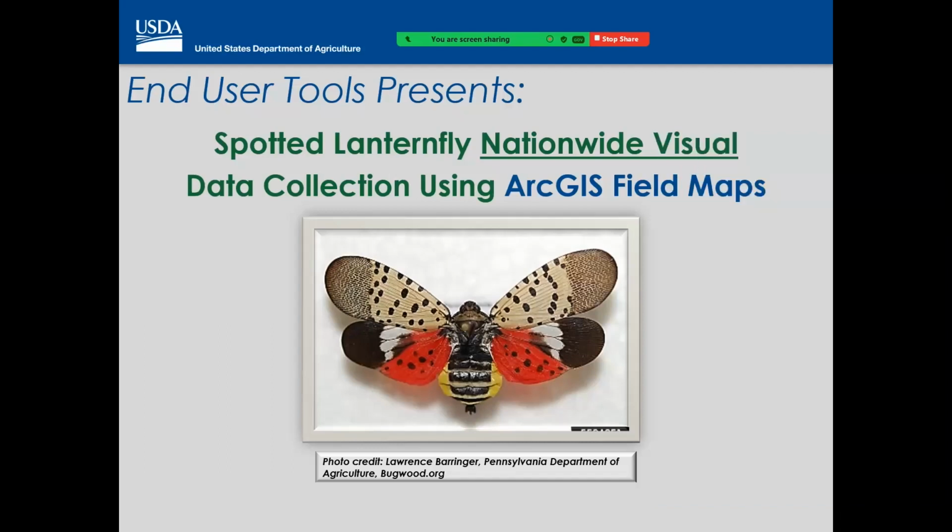So again, welcome to this year's Spotted Lanternfly Nationwide Visual Survey. It is used to collect data in states that do not have an established population. So all surveys that you're collecting in this data set are assumed to be negative. So positive findings are tracked in state-specific surveys.